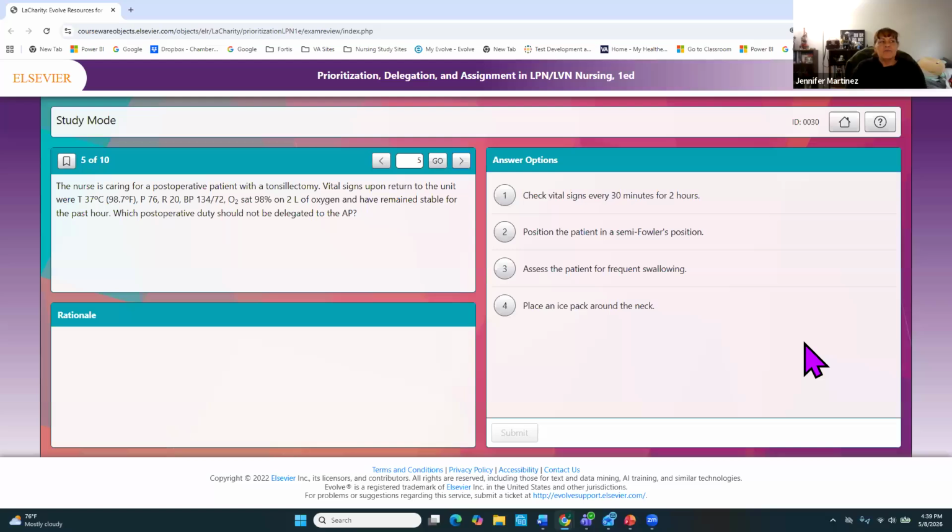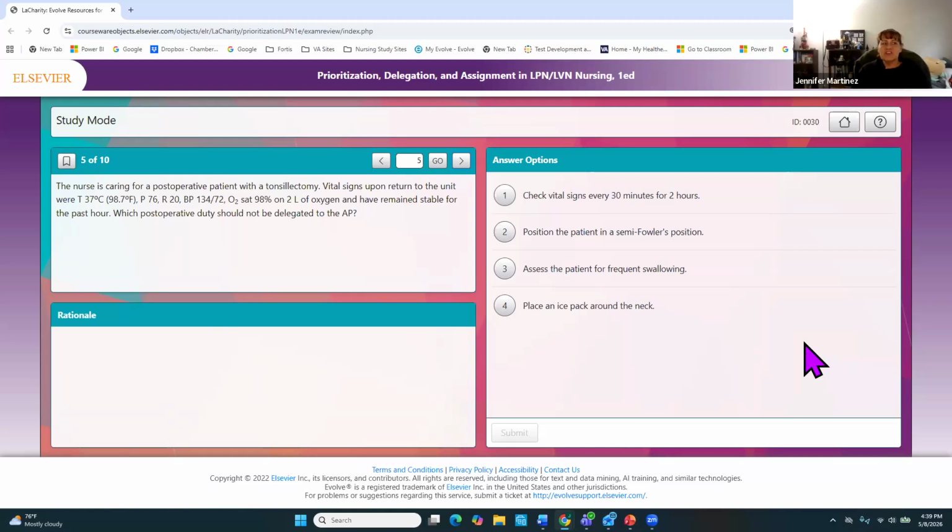All right. The nurse is caring for a post-op patient with a tonsillectomy. Vital signs upon return to the unit were temperature 98.7, pulse 76, respirations 20, blood pressure 134/72, O2 sats 98% on 2 liters of oxygen, and have remained stable for the past hour.